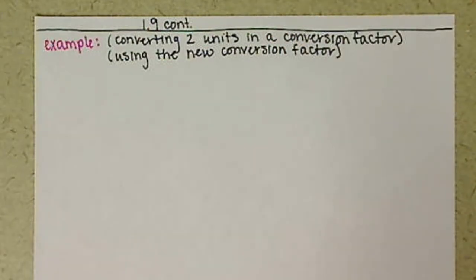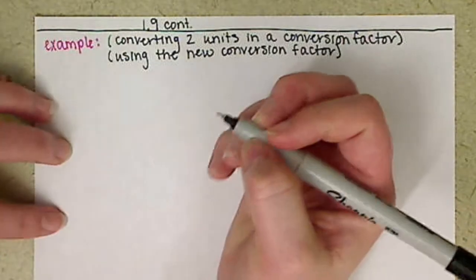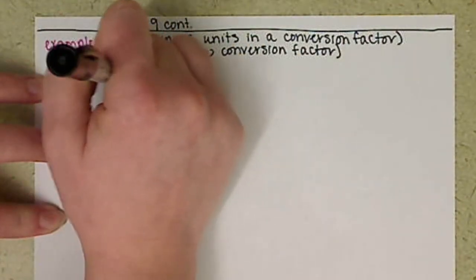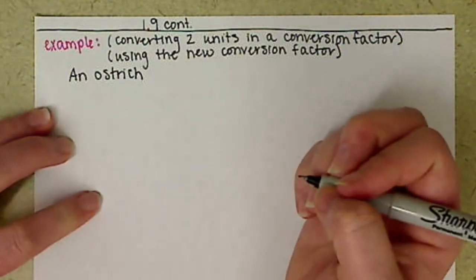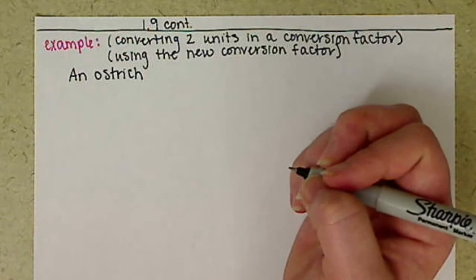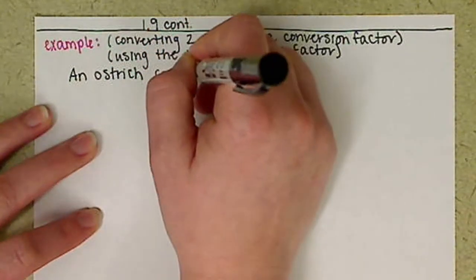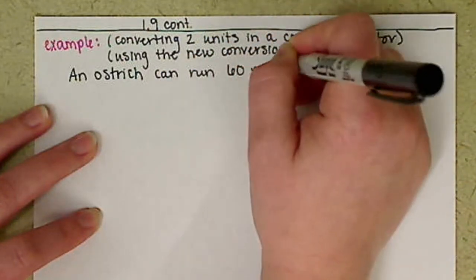So let's get the example. Let's say that an ostrich, kind of funny looking bird, an ostrich can travel, basically can run, say, 60 miles per hour.